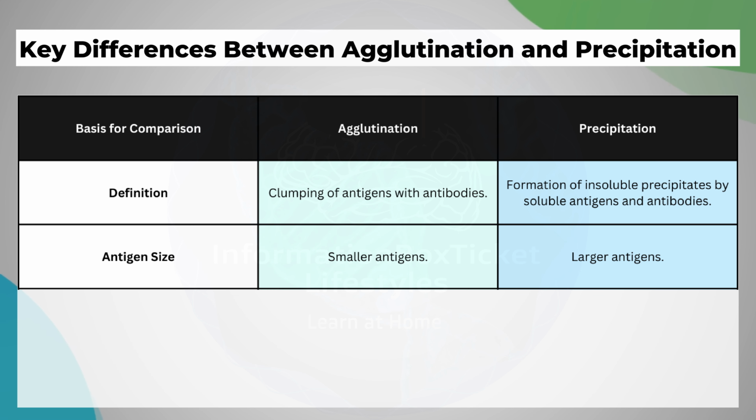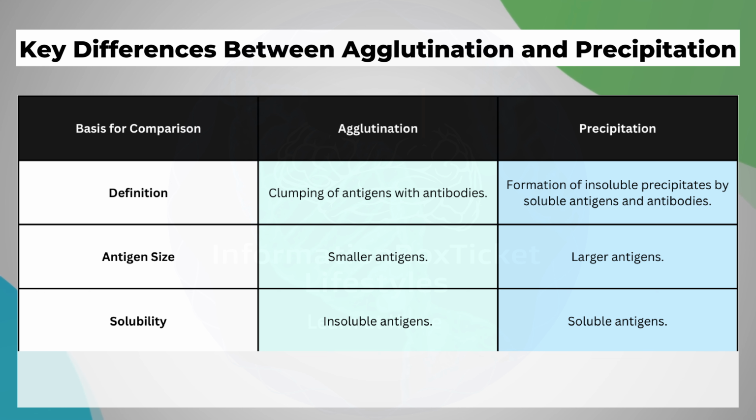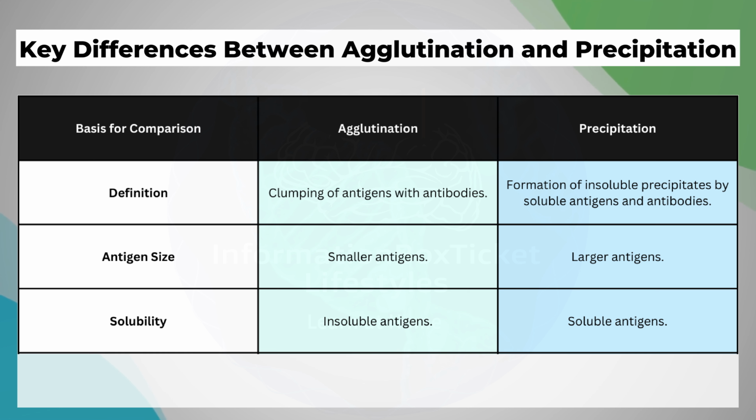Antigen size. In agglutination, the antigens are smaller, while in precipitation, the antigens are relatively larger. Solubility. Agglutination works with insoluble antigens, while precipitation deals with soluble antigens.